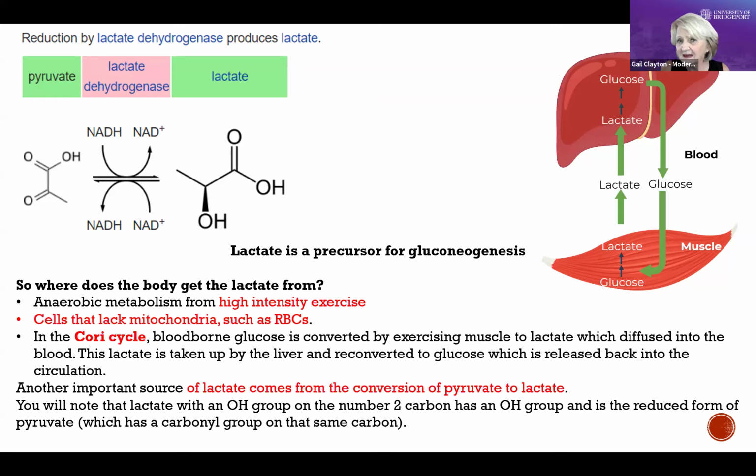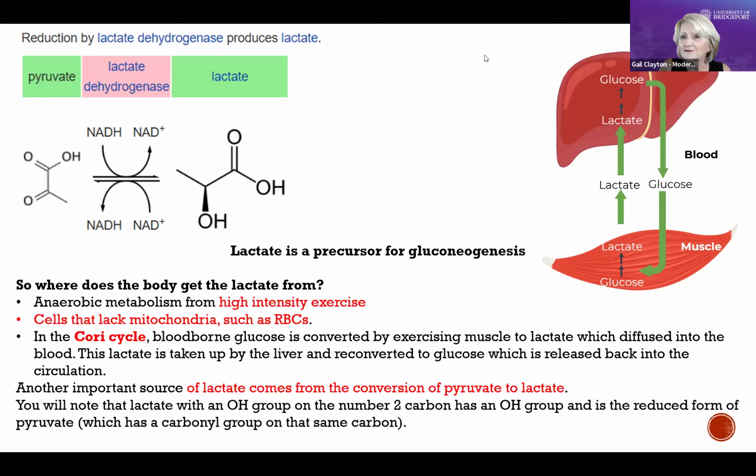So where does the body get the lactate from? High intensity exercise, anaerobic metabolism, cells that lack mitochondria, such as our red blood cells, produce lactate, and also the Cori cycle. And I put the diagram here of the Cori cycle where glucose goes into the muscle, gets used, it's turned into lactate.